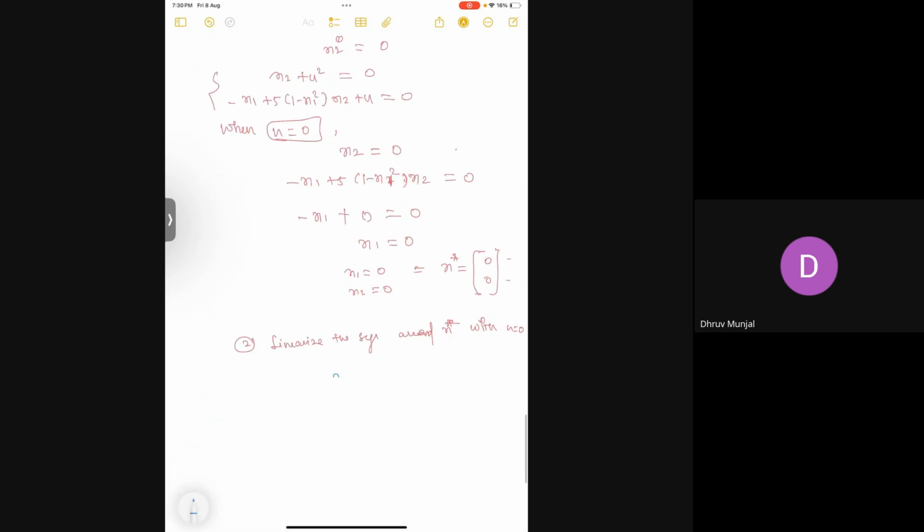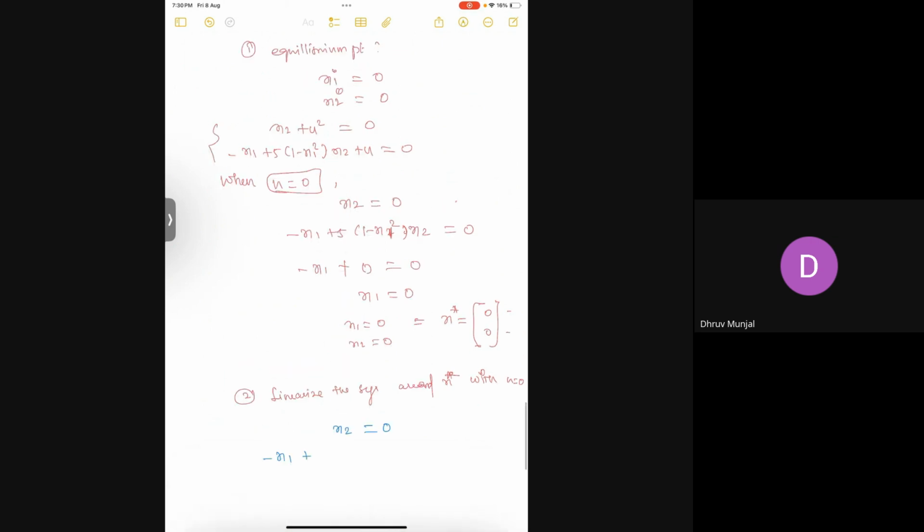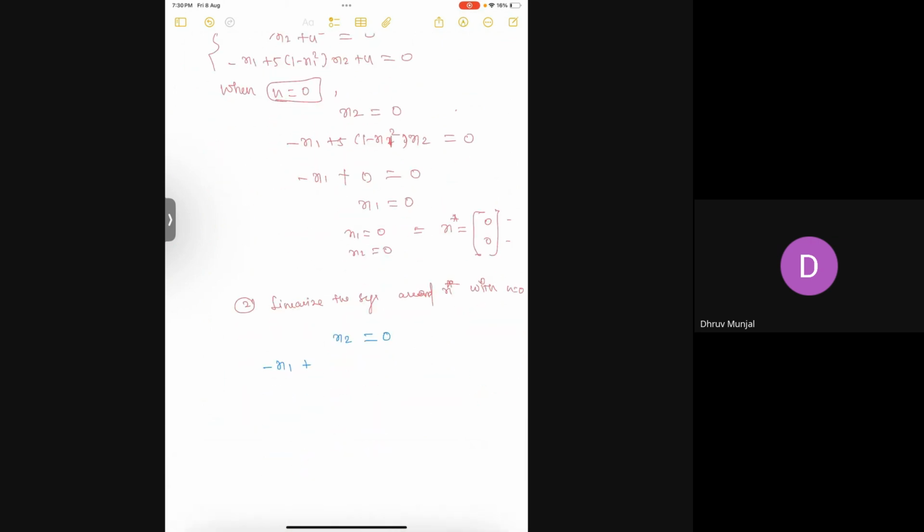The equation would be x2 equal to 0, minus x1 plus 5x2 minus 5x1 square x2 equal to 0.